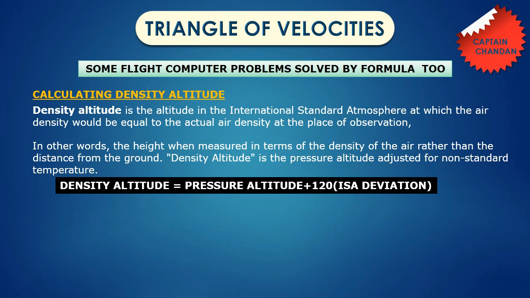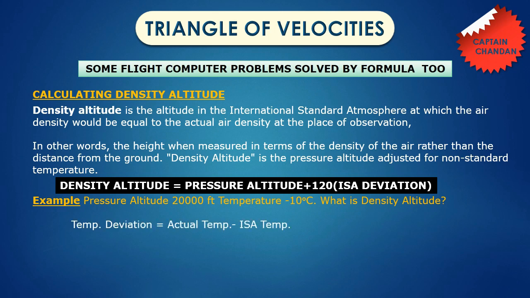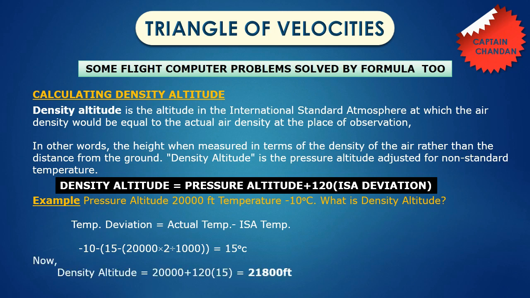The formula for density altitude is pressure altitude plus 120 times temperature deviation, the ISA deviation. Example: pressure altitude is 20,000 feet, temperature is minus 10 degrees. What is the density altitude? Temperature deviation is actual minus ISA temperature, as we saw earlier. Putting in all the values, the temperature deviation is 15 degrees. Now density altitude is 20,000 plus 120 times 15, that will be 21,800 feet.